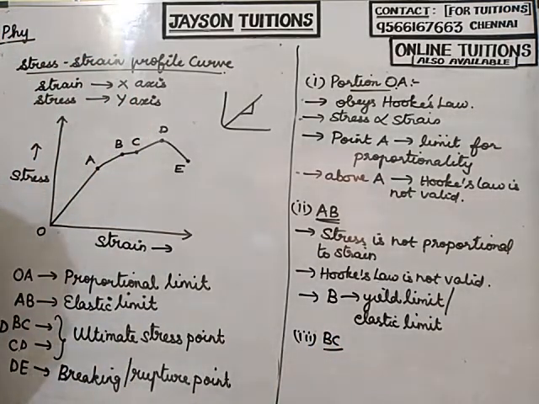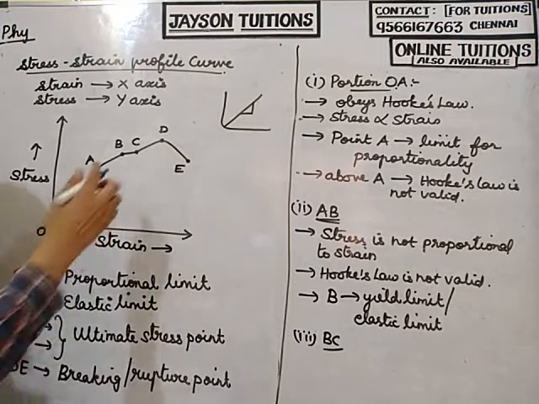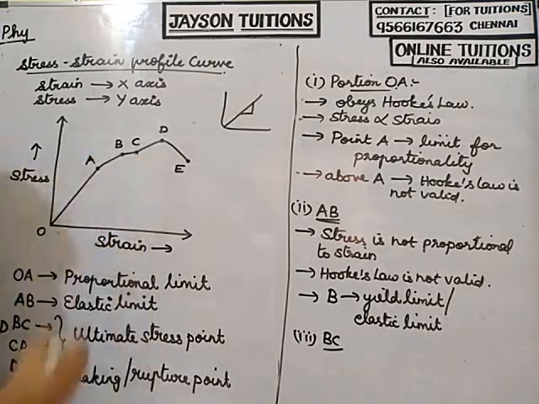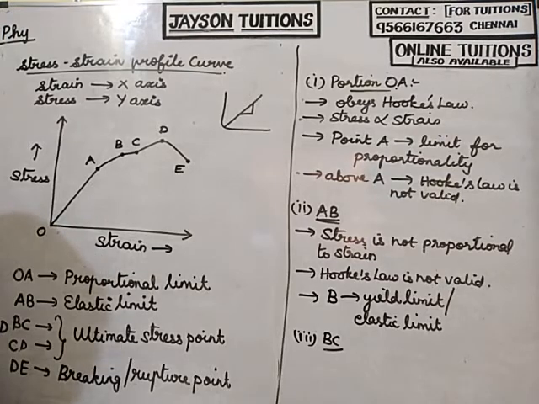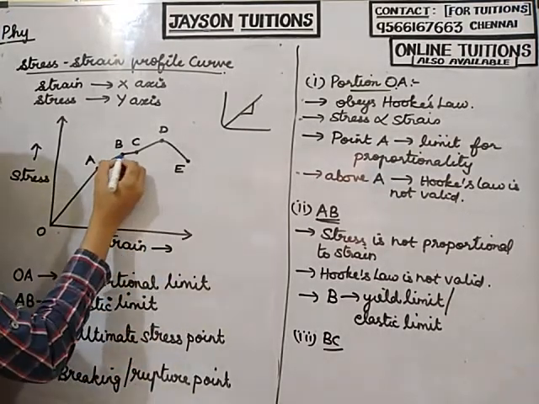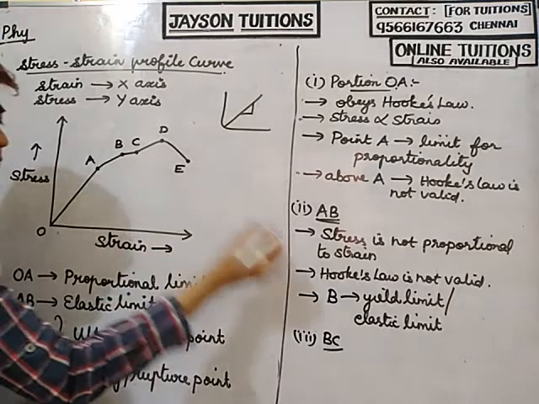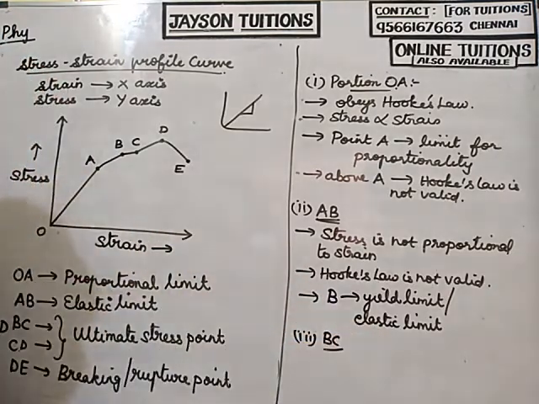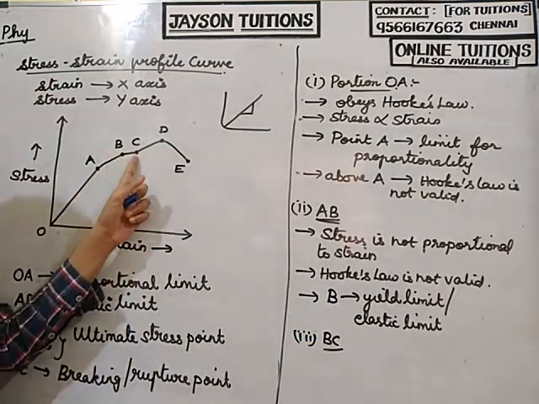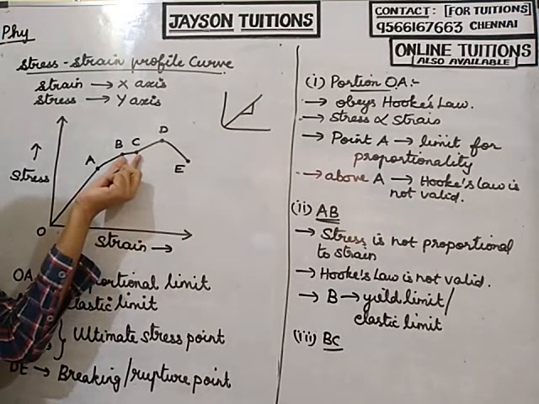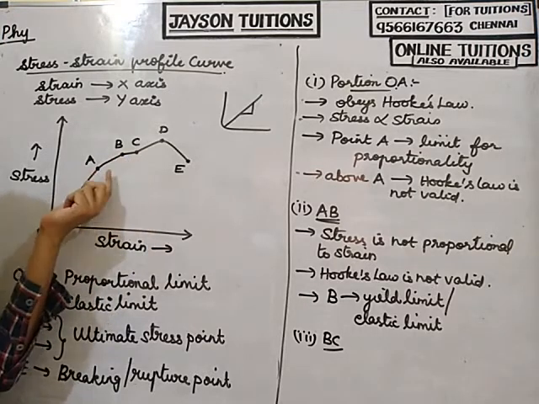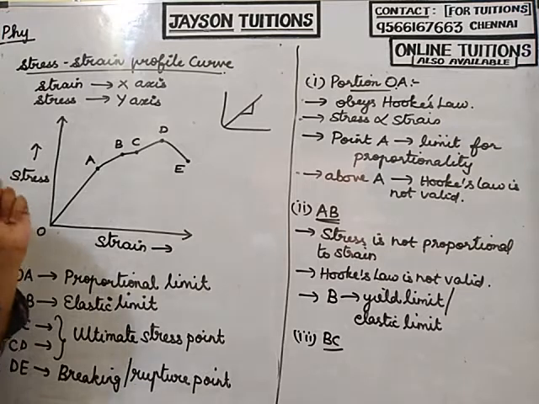The next portion is portion BC. Above this B, the elastic limit has been crossed. From B to C, even if I apply force, the wire will not regain its original position.